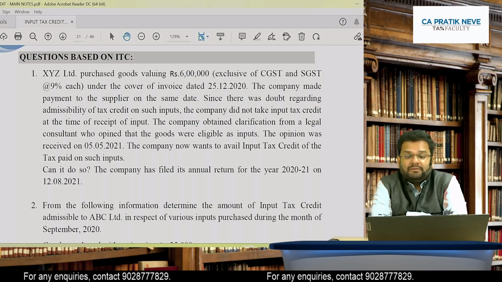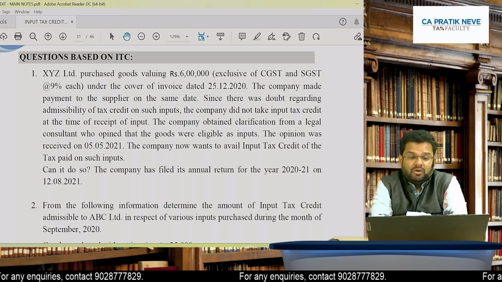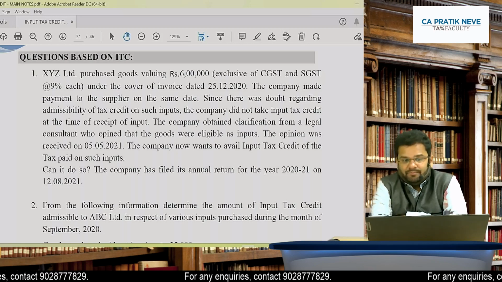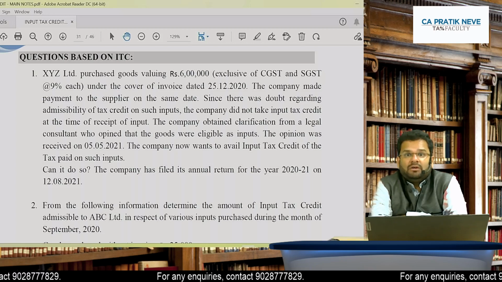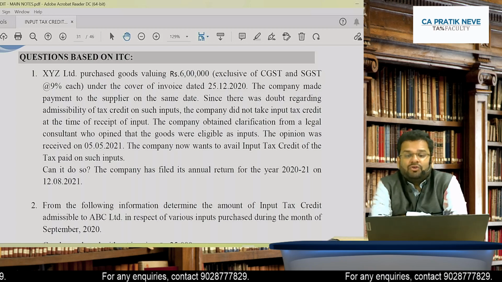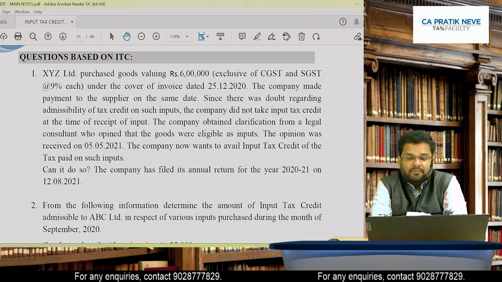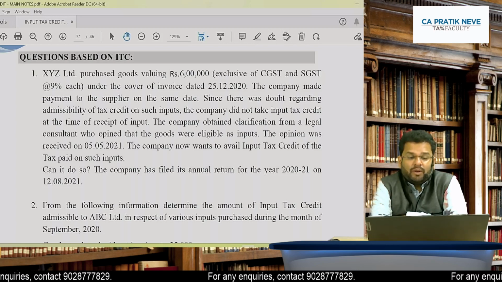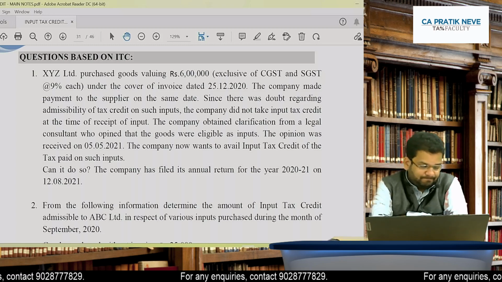Company obtained clarification from a legal consultant who opined that goods were eligible as inputs. This opinion was received on 5th May. Company now wants to avail ITC of tax paid on such inputs. Can it do so? The company has filed annual return on 12th August 21.